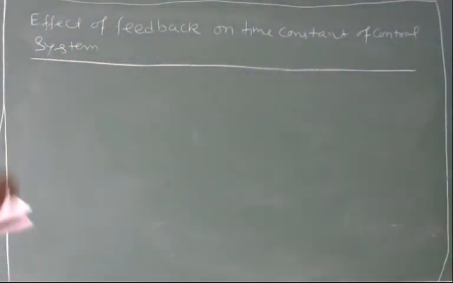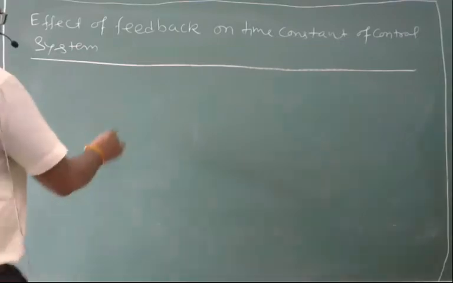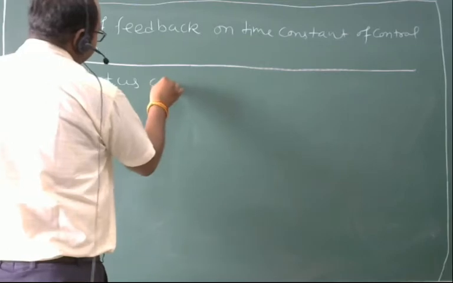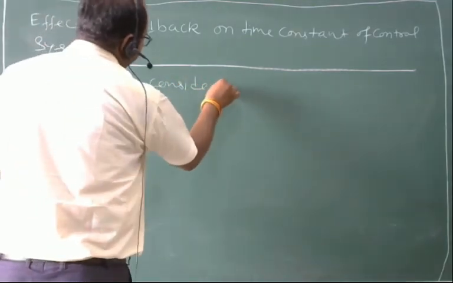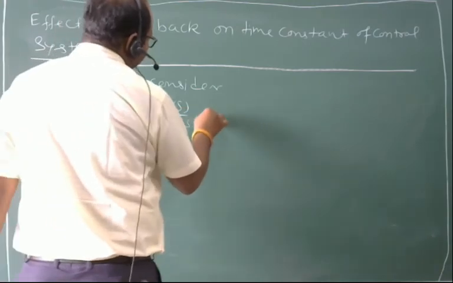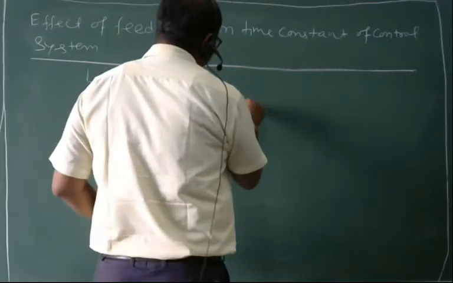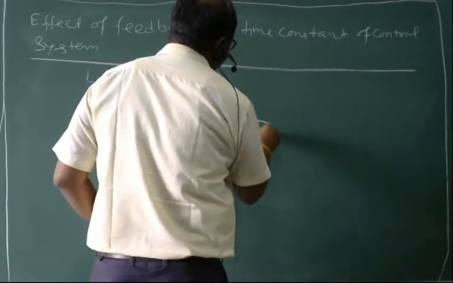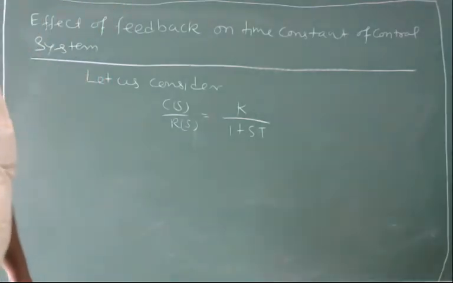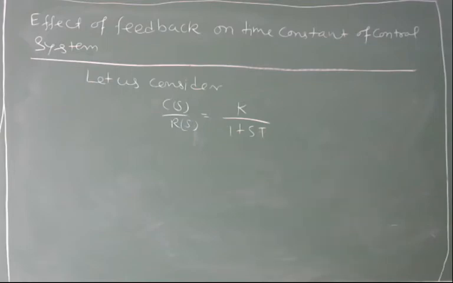So let us consider C(s) over R(s) is equal to K over 1 plus sT. Let's take a first order system, where K is gain and T is time constant.